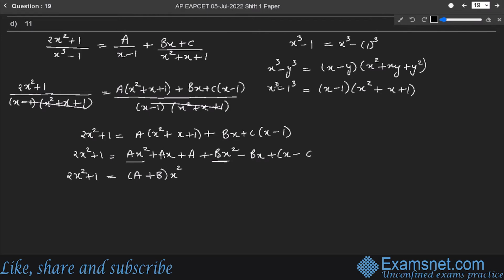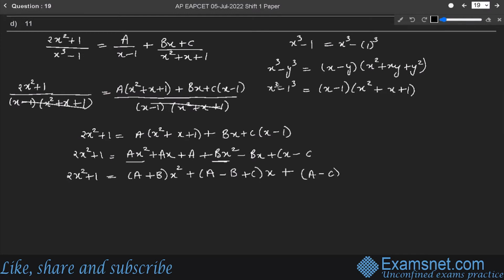Similarly, looking for the terms of x, it will be (a-b+c) into x. It simply means that we are taking x^2 common from the terms which have x^2, then we are taking x common from the terms which have x. And at last, there is a minus c.